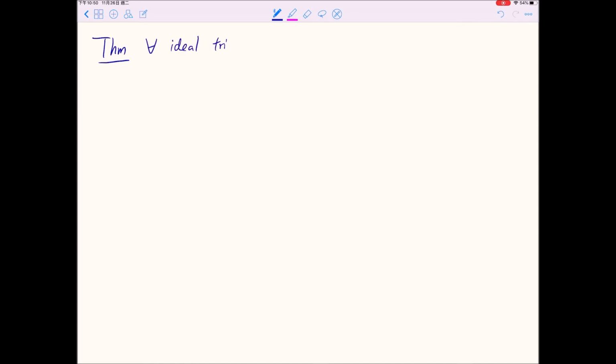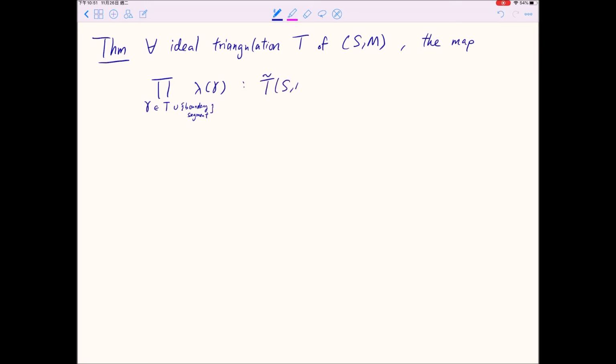For each ideal triangulation T of the marked surface, the map which sends the collection of lambda lengths, either of an arc of the triangulation or a boundary segment, will give a homeomorphism of your decorated Teichmüller space.